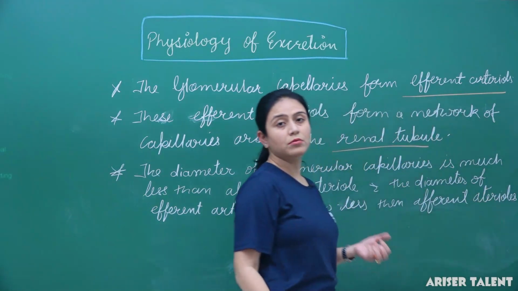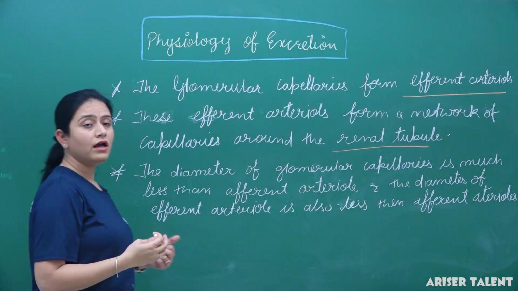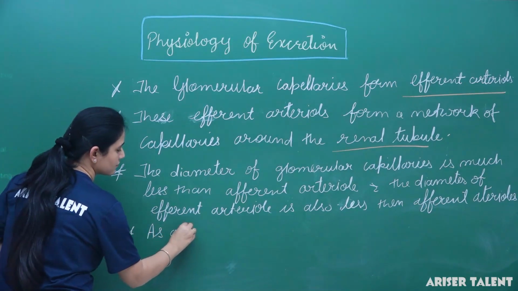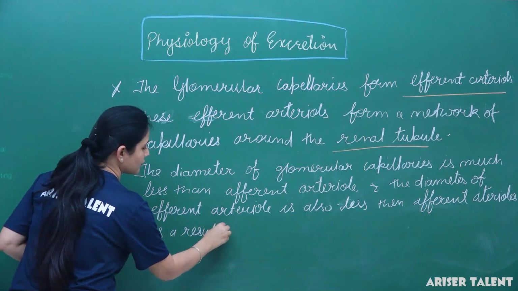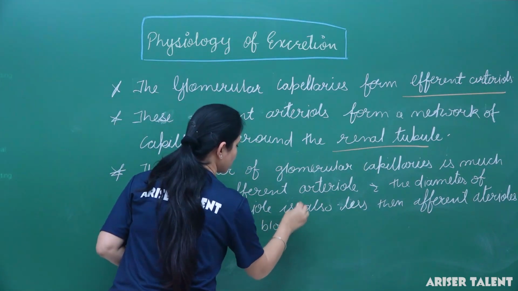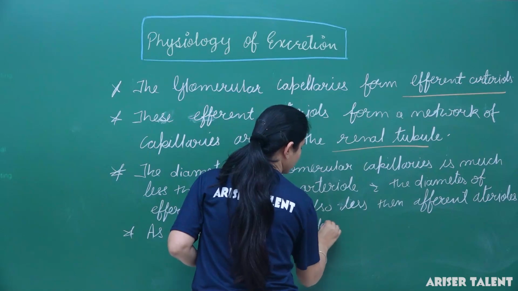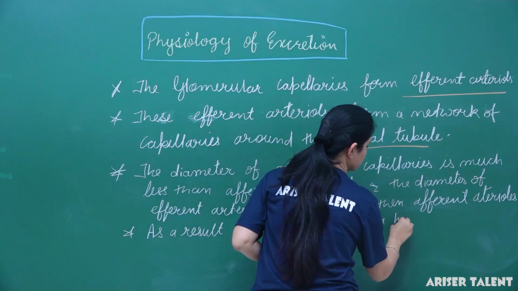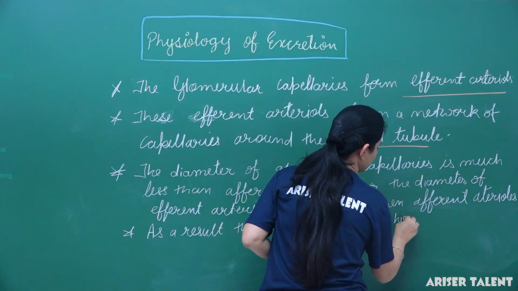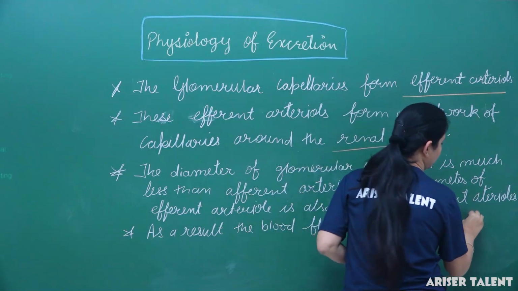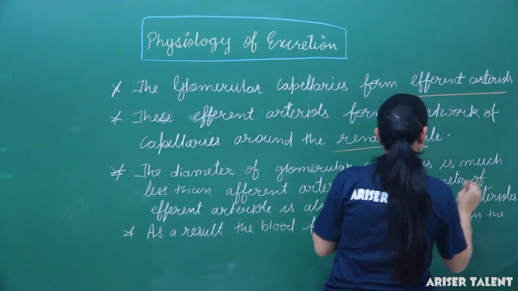So as a result, blood flows at a very high speed in the glomerulus.